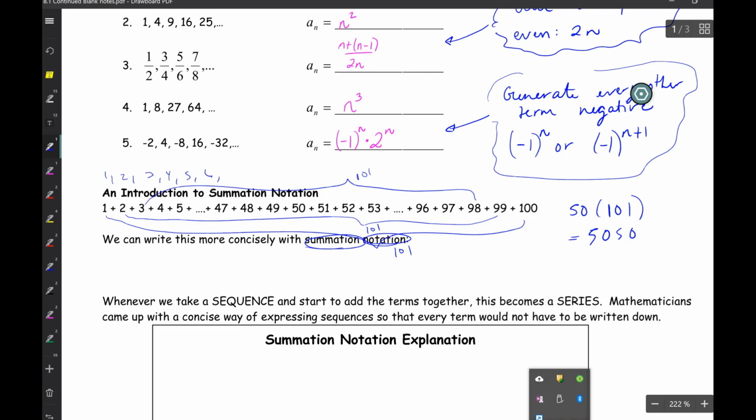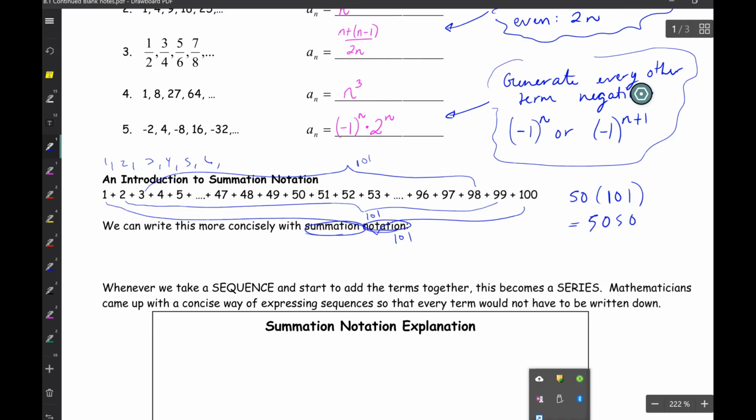So this new notation that we look at when adding up all of the terms looks like an E. It's called a sigma. It's a Greek letter. And this sigma notation says you can start with the first value and end at the top with the last value. So we're summing the numbers from 1 to 100. And then your formula that generates each term goes right off here to the side.